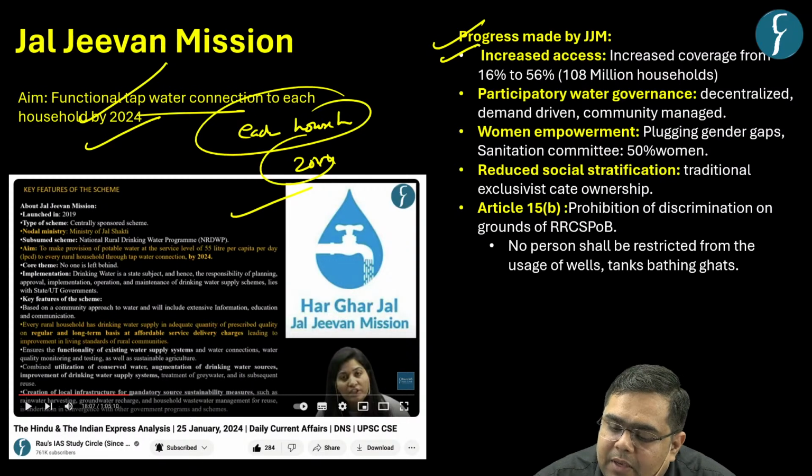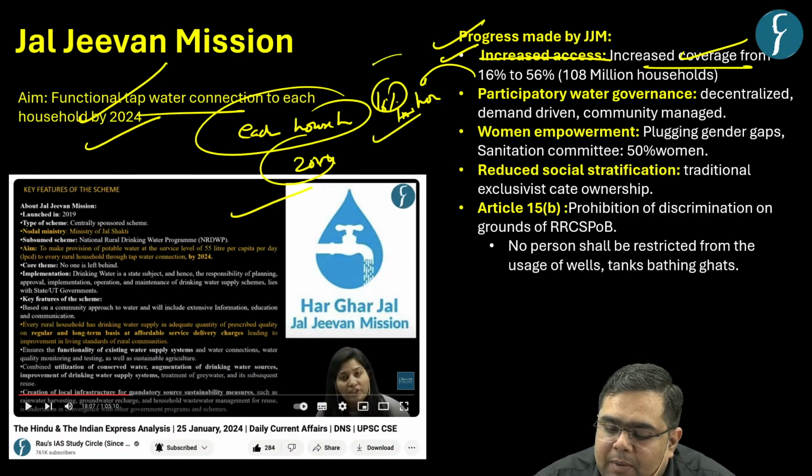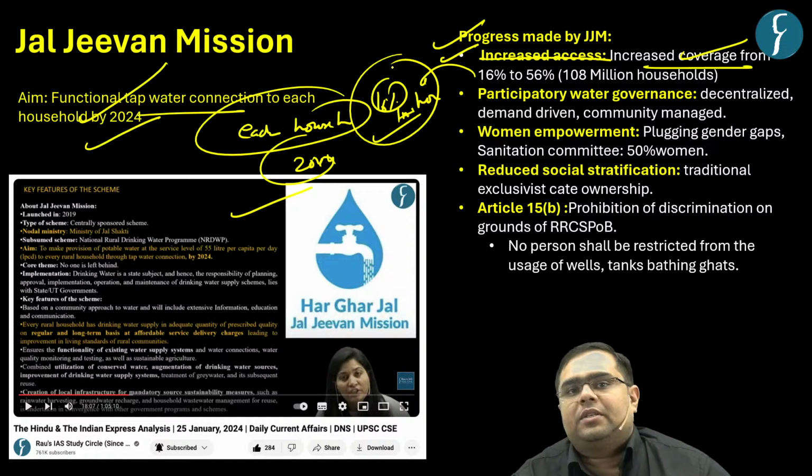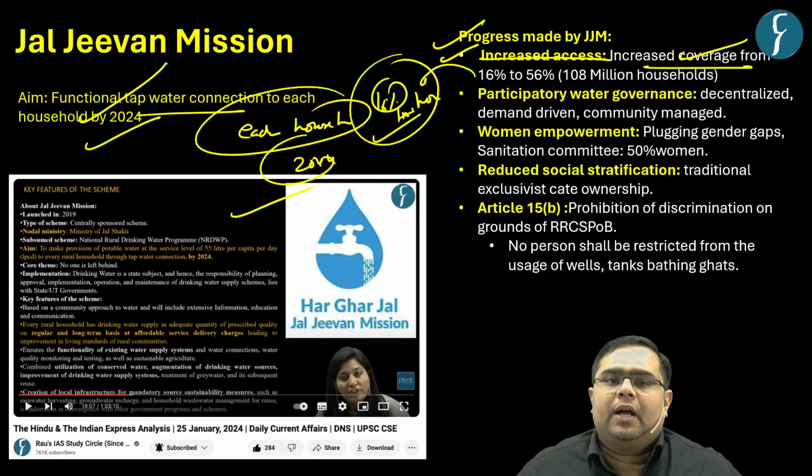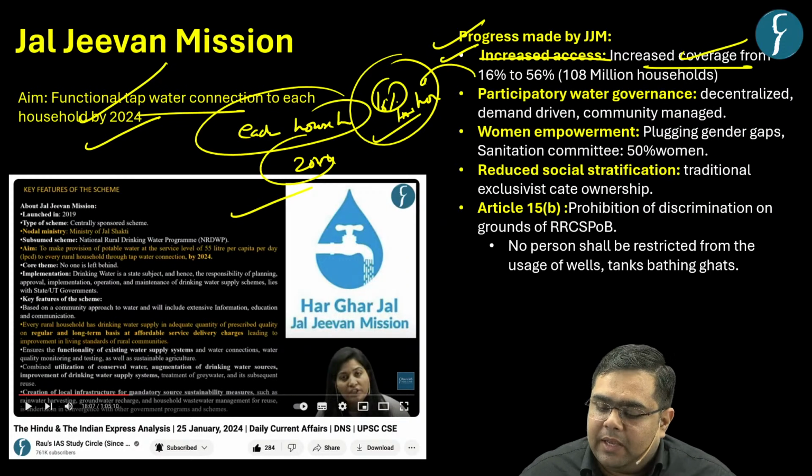The first one, being most important, is that it has increased the access or coverage of tapped water supply, which used to be 16% of households. Before the implementation of this scheme, only 16% of households in India used to have tapped water supply.